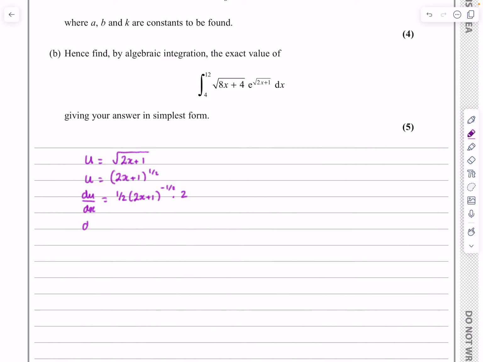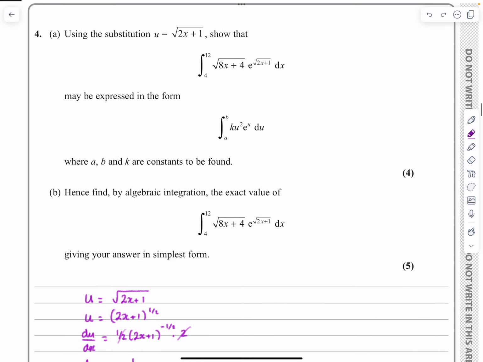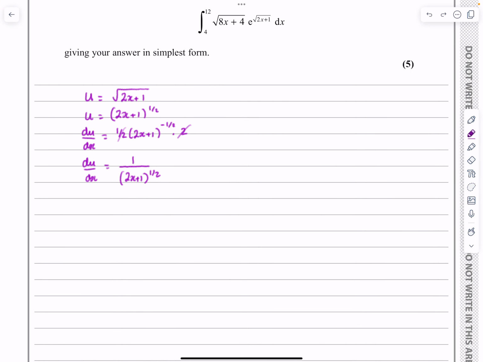So that's going to give me du by dx is equal to that. Those two will cancel. I'll get 2x plus 1 to the minus half. Well, that's the same as 1 over 2x plus 1 to the half. And what I'm trying to do is to get dx equals, because I'm going to get rid of the dx there. So if I want dx equals, that's going to be 2x plus 1 to the half du is equal to dx. Okay, so I'm happy that I've got my dx part.